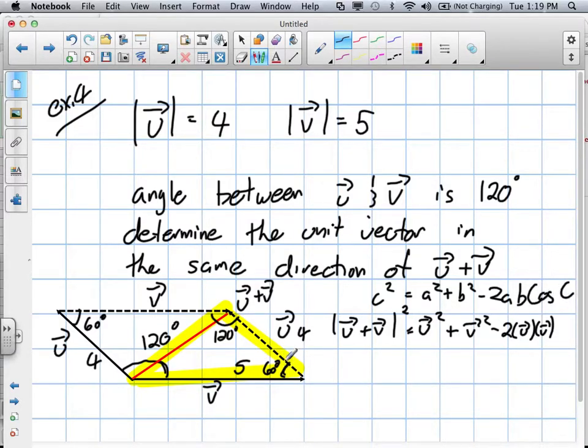And in this one, I'm just going to give it a symbol. We'll call it theta, okay? Cos theta, barely fits. Well, we're still trying to find u plus v. So it is equal to, vector u we know is 4. Vector v is 5. 2 times 4 times 5. And we know the angle, cos 60. Okay? Gives us 16 plus 25 minus 40 cos 60.